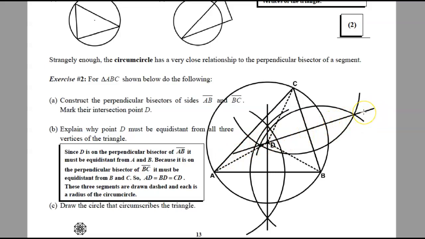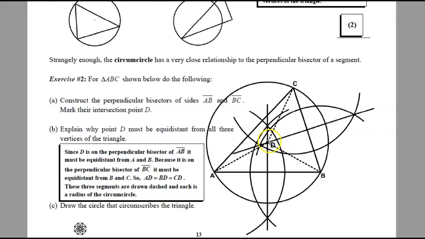So that means that it is also equidistant from the endpoints of that segment. So it turns out that point D is equidistant from all three endpoints, and therefore it is true that AD and BD and CD are all the same distance. So that becomes the center of the circumcircle. They're all essentially playing the role of the radius.